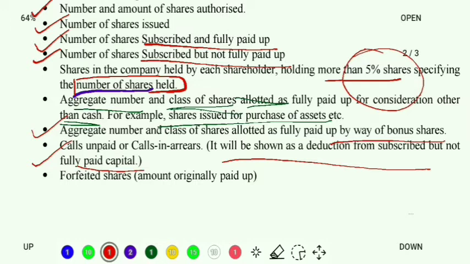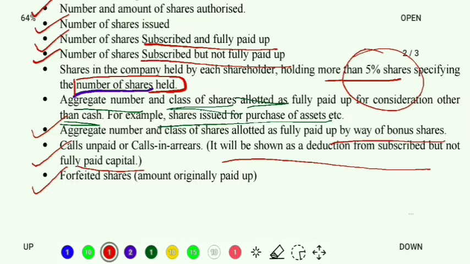It will be shown as a deduction from subscribed but not fully paid up capital. Questions come from this part, that where will calls in arrear be posted? So your answer would be, it will be shown as a deduction from subscribed but not fully paid up capital, right? And the last item we have is forfeited shares. What are forfeited shares?